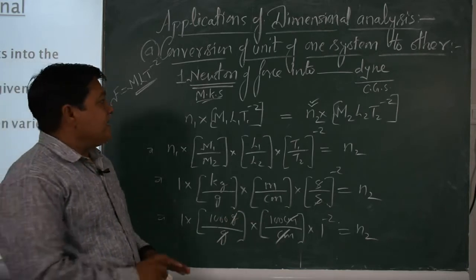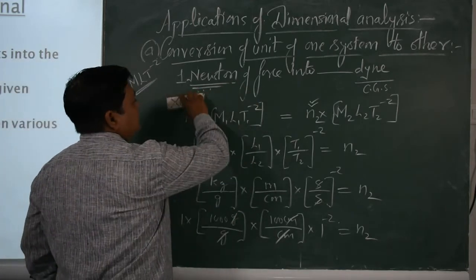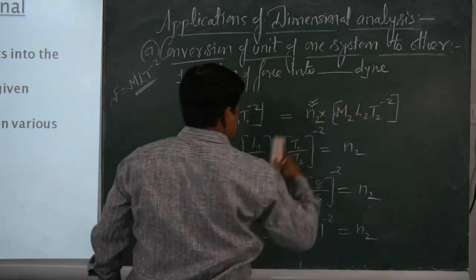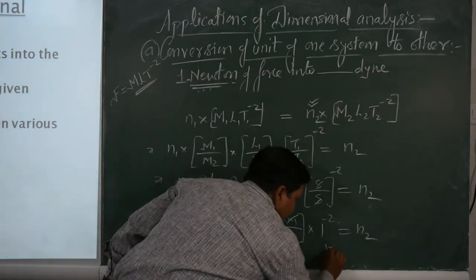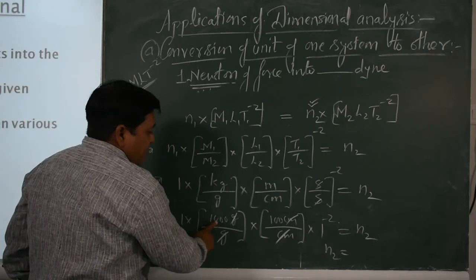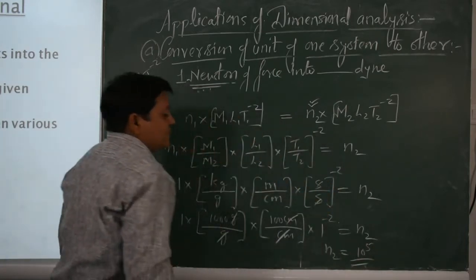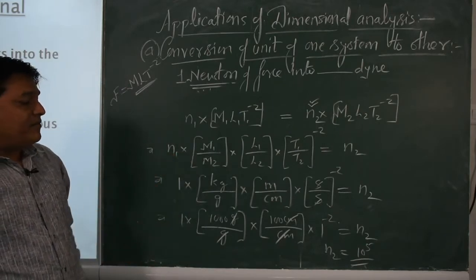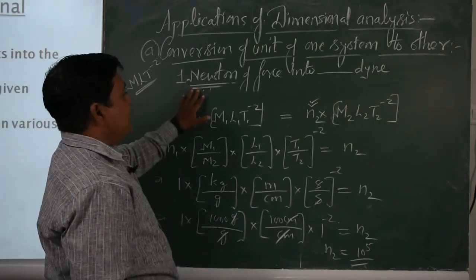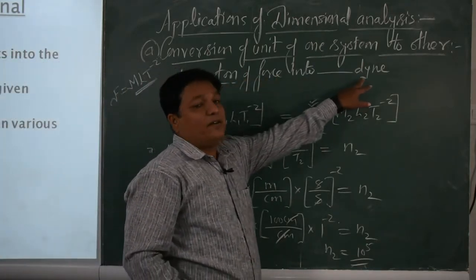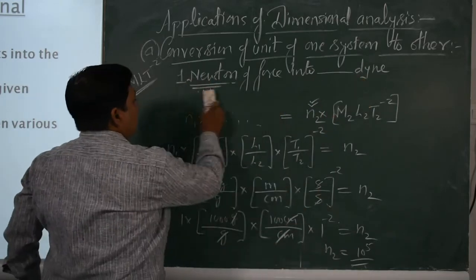So we can write here the value of n2 we are getting, 10 to the power 3 into 10 to the power 2, that is 10 to the power 5. So we write n2 as 10 to the power 5. So we can say here 1 Newton of force is equal to 10 to the power 5 dyne. So this will be our answer.